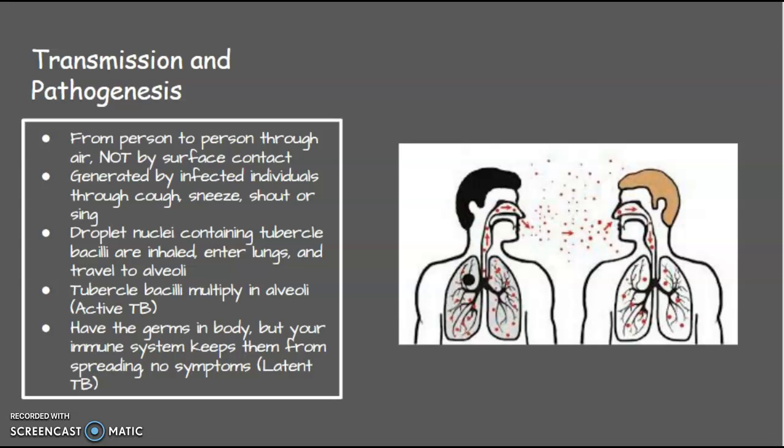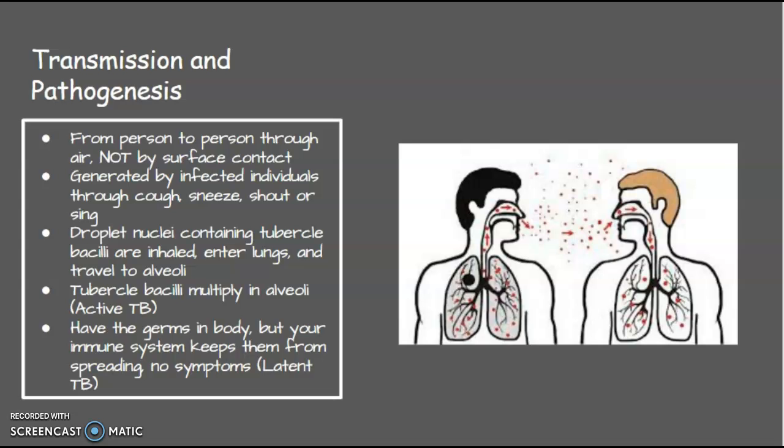TB is transmitted from person to person through air, not by surface contact. It is generated by infected individuals through cough, sneeze, shout, or even sing. Droplet nuclei containing tuberculobacilli are inhaled, enter the lungs, and then travel to the alveoli.